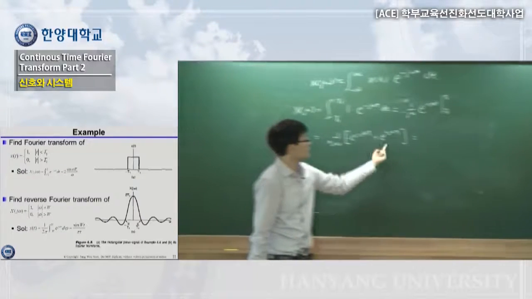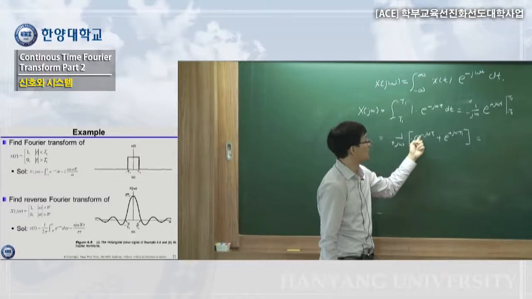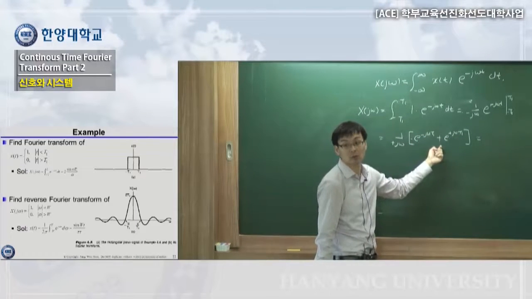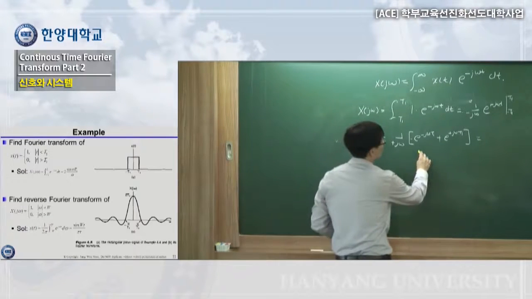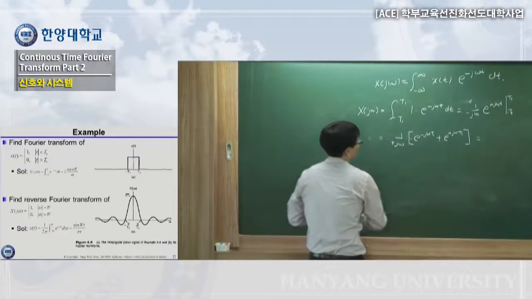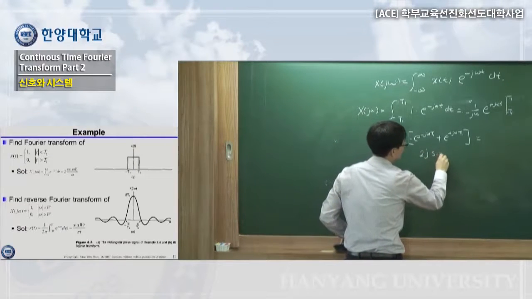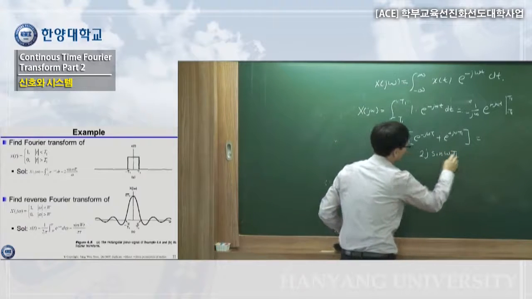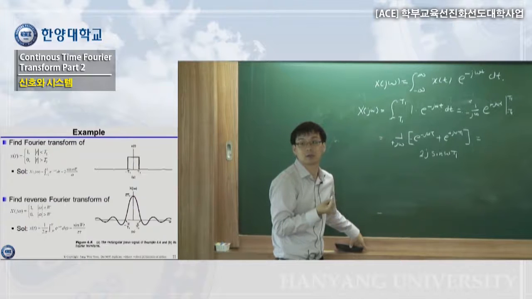And this is what? e^(j omega t1) minus e^(minus j omega t1) is what? Using the Euler formula, it is 2j sine omega t1. Is it right?